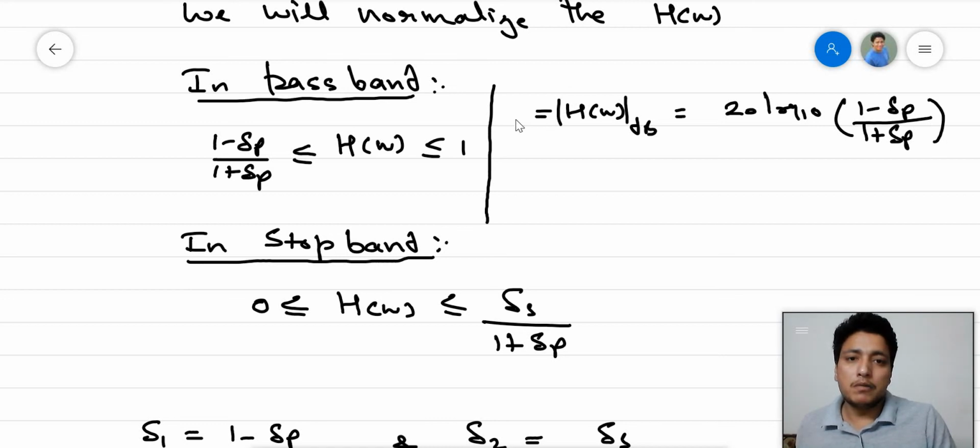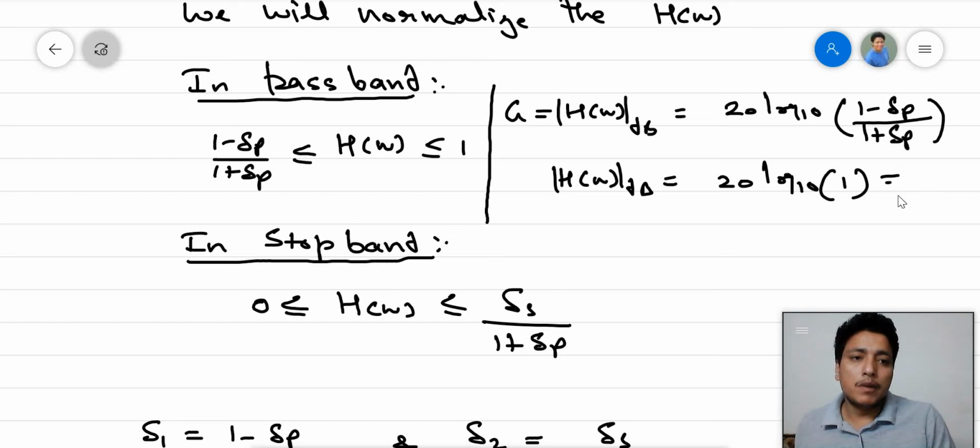That will be equal to the gain in this case, and H of omega in dB will be equal to 20 log base 10 of 1, which is 0. So the gain at this point will be equal to 0.